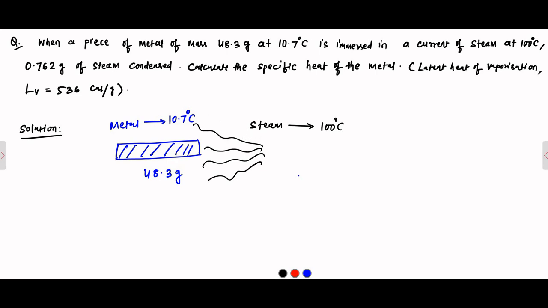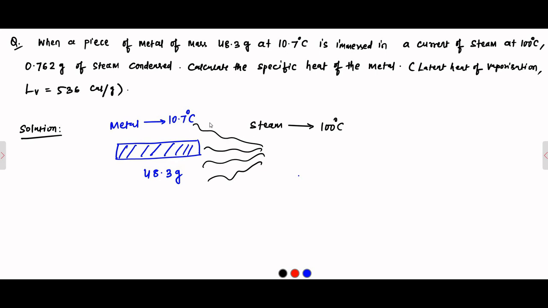is at 100 degrees Celsius, and this metal piece is at 10.7 degrees Celsius, the initial temperature. So the metal piece is initially at 10.7 degrees Celsius.